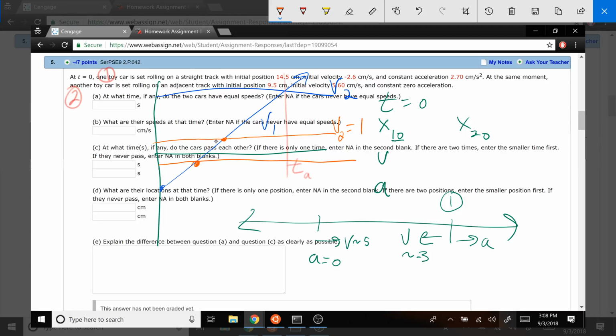Same speed, not same velocity, but they just asked for speed. That's negative 1. Because speed is the situation where the absolute value of V1 equals the absolute value of V2. And that's true there. Negative 1, positive 1, it doesn't make any difference.